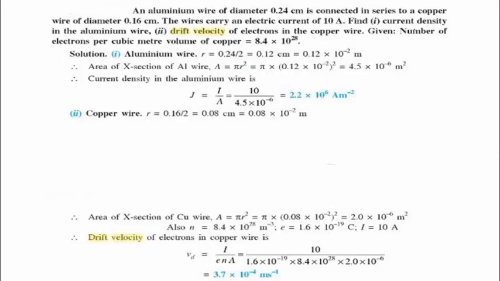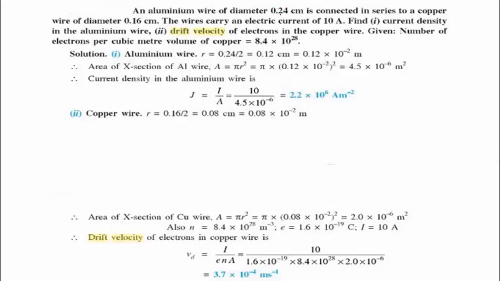So first, find the current density in the aluminium wire. Then find the drift velocity of electrons in the copper wire, given that the number of electrons per cubic meter volume of copper is 8.4 times 10 power 28 per cubic meter. For the aluminium wire we have the diameter, so we can convert it to radius.